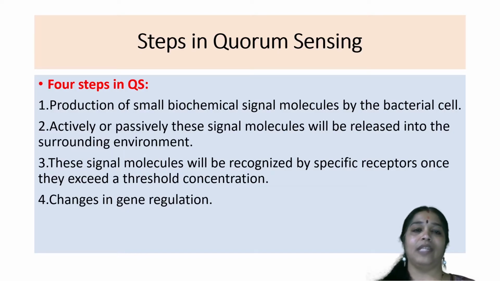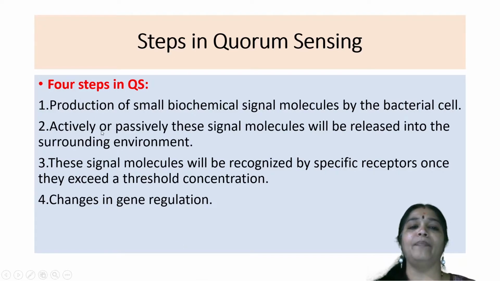Steps in quorum sensing. There are 4 steps in quorum sensing. First is the production of small biochemical signal molecules by the bacterial cell. They produce these biochemical molecules within the cell. Now, they have to move out. How will they move out to the surrounding environment?